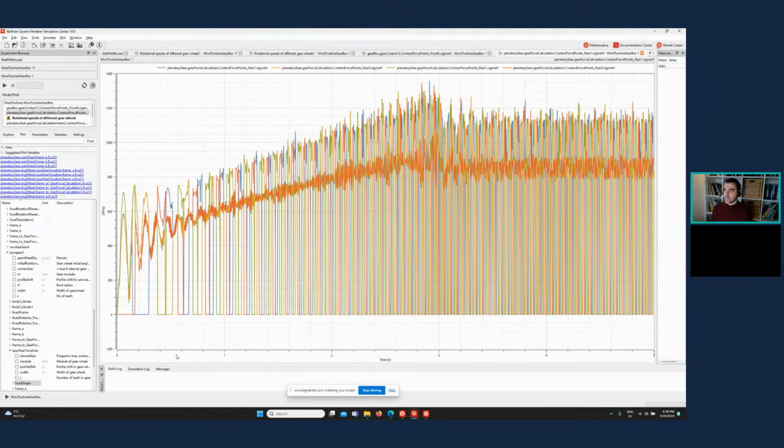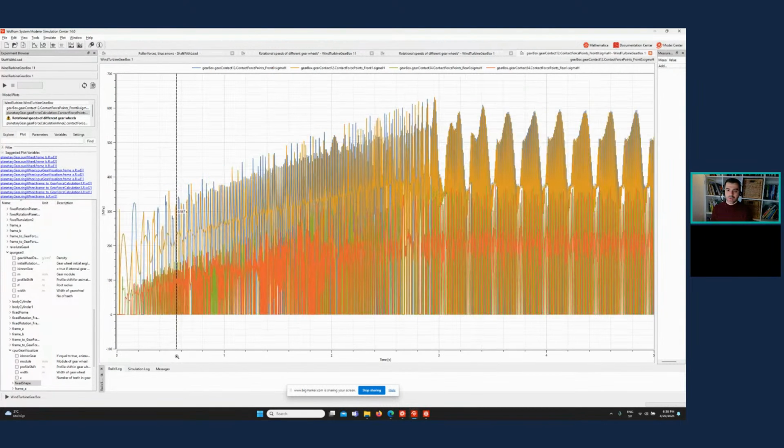I have so many things running now. Here we see how the forces respond to increasing RPM, because we have the blade speed, which is ramping up to 20 RPM, starting from zero.